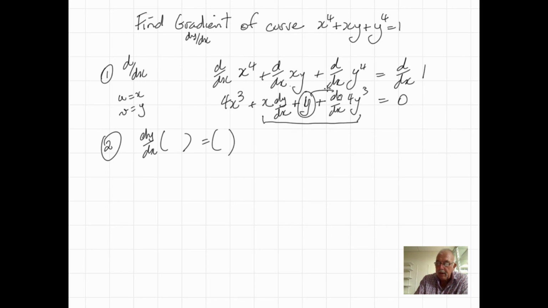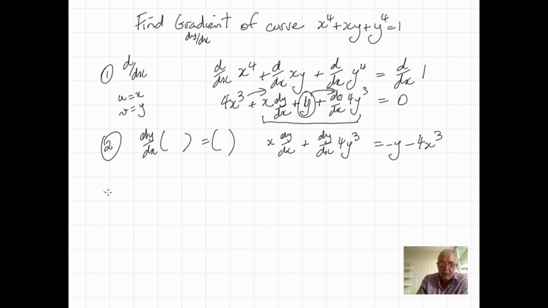That one's got to go to the other side, and that one's got to go to the other side. So we've got x dy/dx plus dy/dx 4y cubed equals, the y's got to go over to the other side, minus y minus 4x cubed.